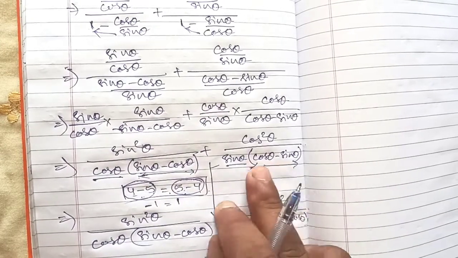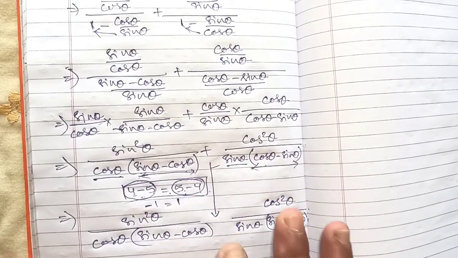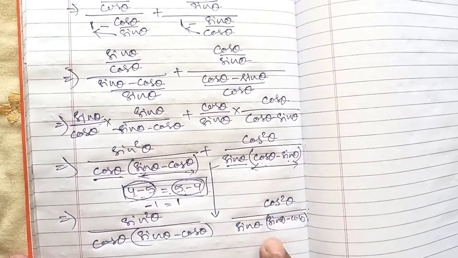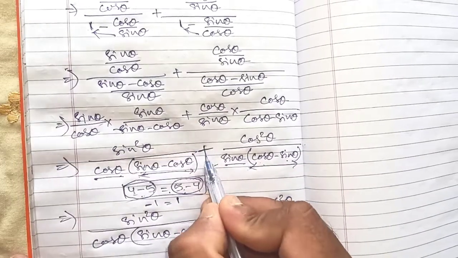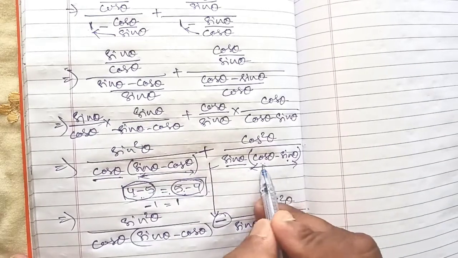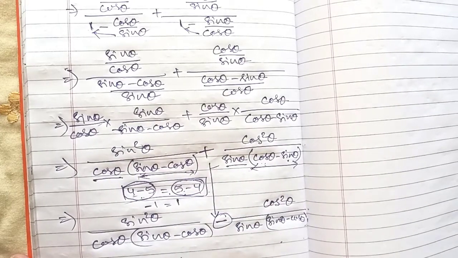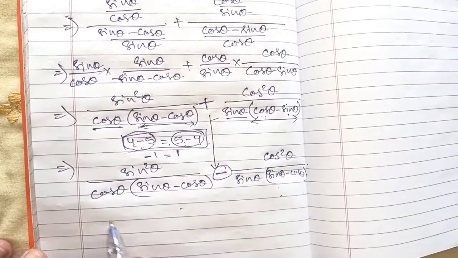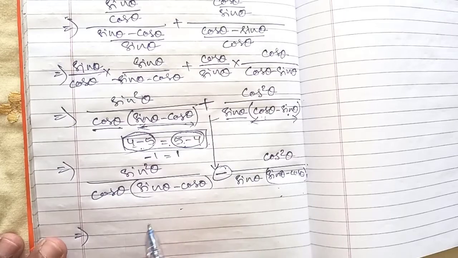If it is plus, you can directly interchange and there won't be much of a problem. But when it is in minus sign and you interchange the terms, then this plus will become minus. As I have converted this as sine minus cos to get the same terms, this plus will become minus. So now it is very easy to take LCM.